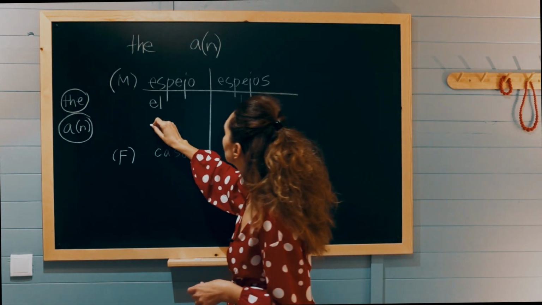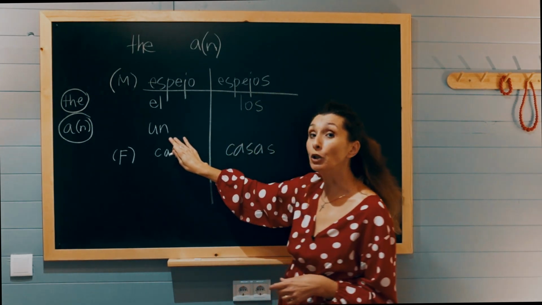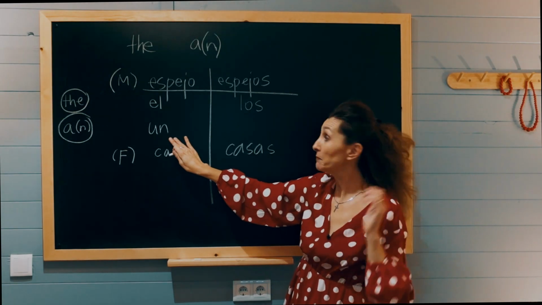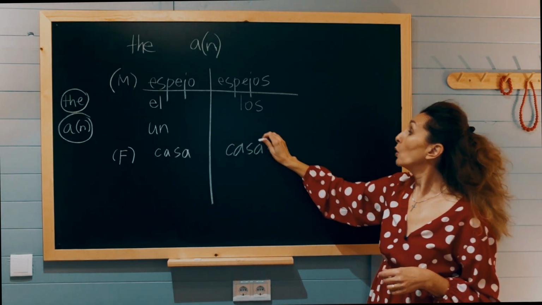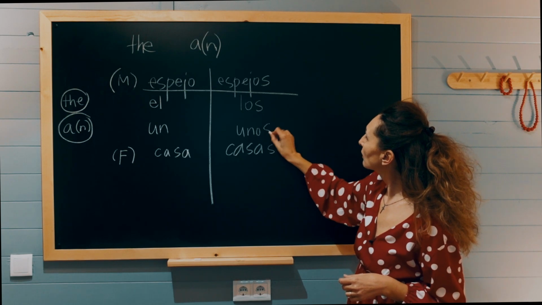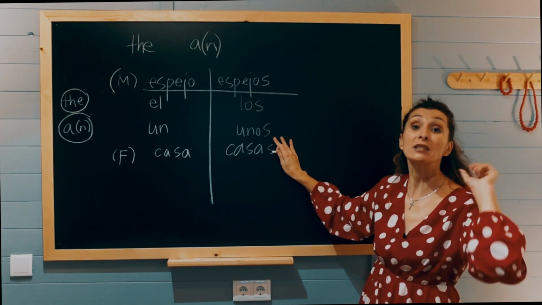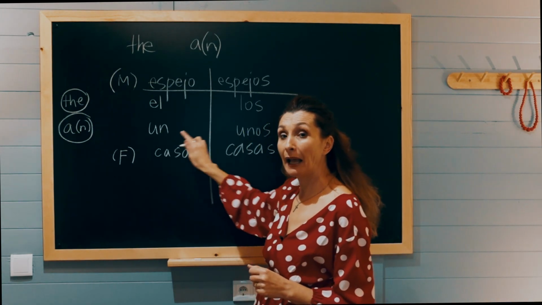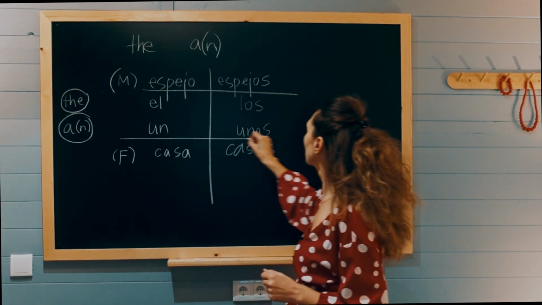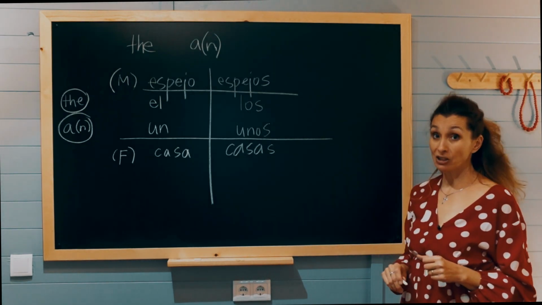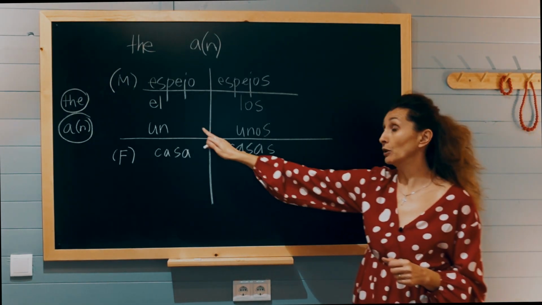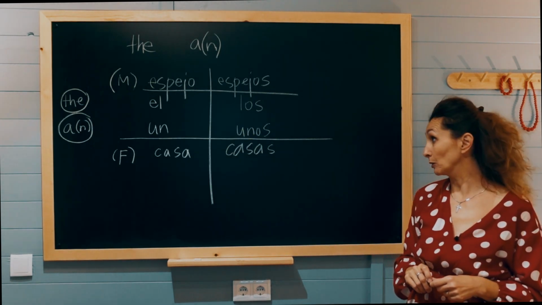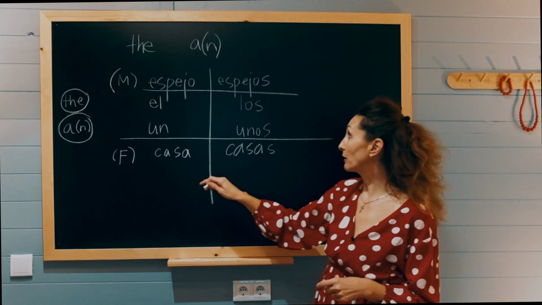Indefinite article, un espejo, a mirror, just any mirror, or unos espejos, some random mirrors. Okay? Un and unos for masculine nouns. Un in singular and unos in plural.